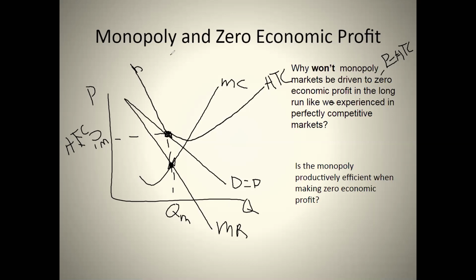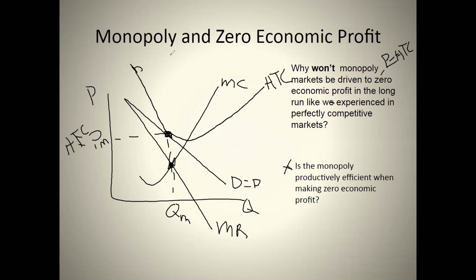This graph is not a graph for that. We'll draw it later, but you can imagine if there are excess profits, we're going to probably be drawing that average total cost curve lower than where it currently is to show that the monopoly will be earning economic profit.